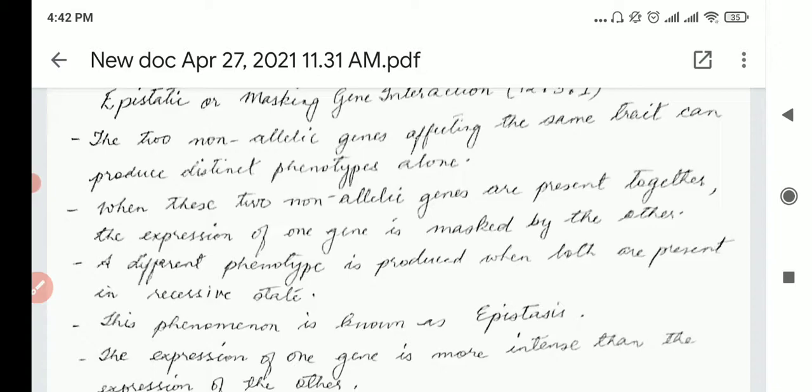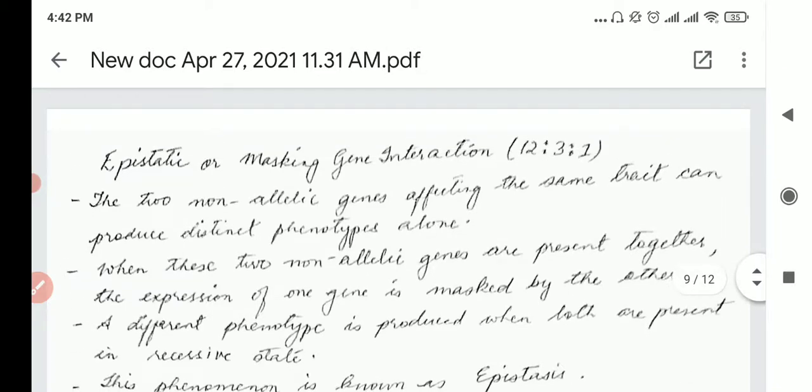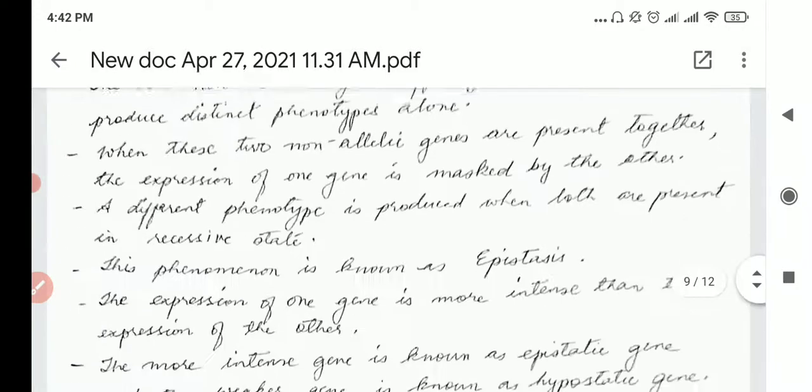This is your epistatic or masking gene interaction. You'd say, oh, only Miss Amy is coming, we will enjoy. But as soon as I part, you'll see, oh, Miss Dihun with her angry face, she will scold us. It's just a funny example, okay? Doesn't mean that Miss Dihun is angry. Nothing like that. It's just to make you understand.